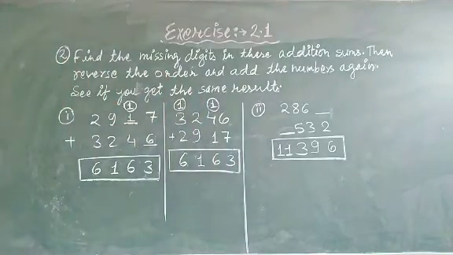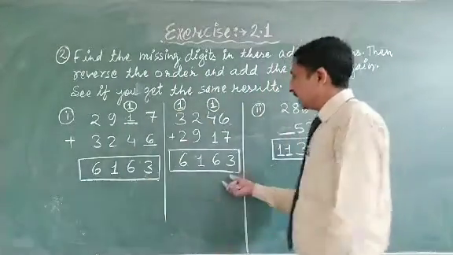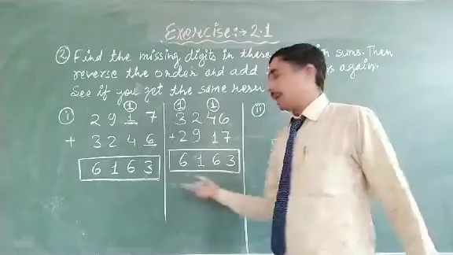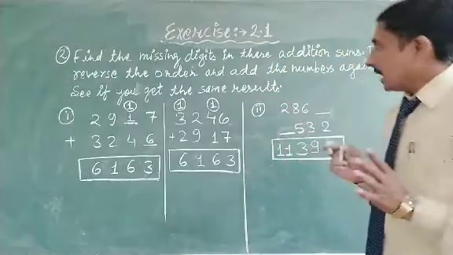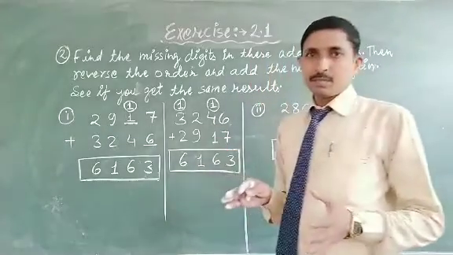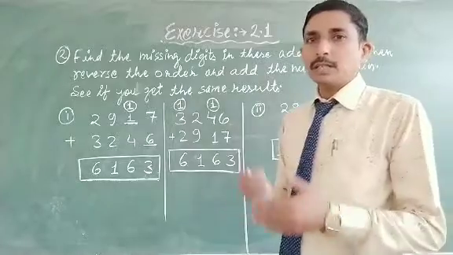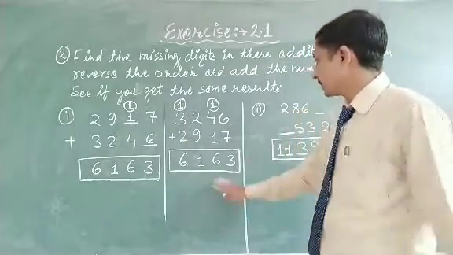When we reverse the order of the numbers and add, you see the result is the same. So what we understood here is that if we reverse the order when we add two whole numbers, we always get the same result.